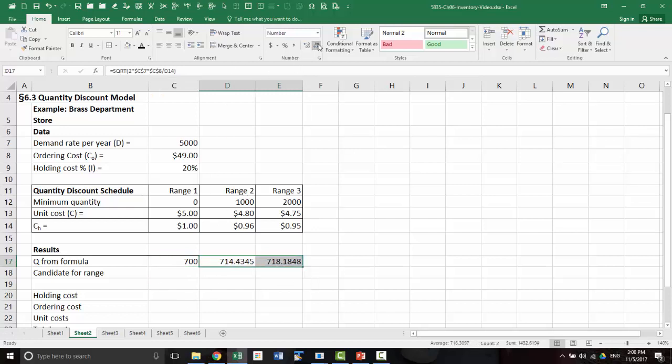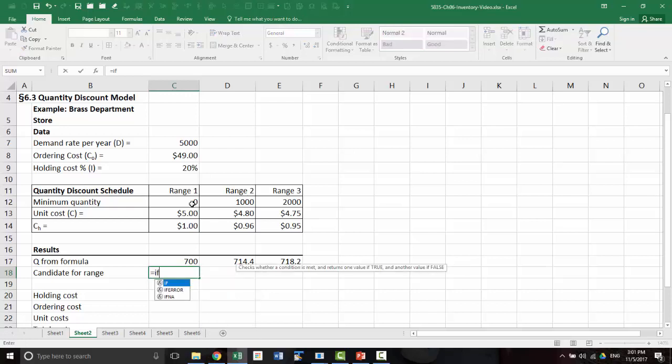Now you see this quantity that the formula gives is less than 1000. So if you order that quantity, you will not be able to order it at the price of $4.80. And the same case here as well. So what we need to do is check and see whether the quantity that we have meets the minimum for the range.